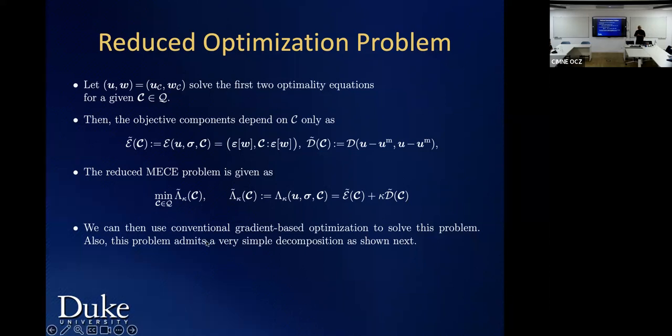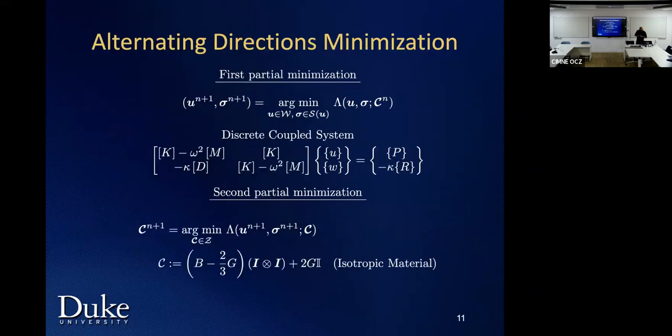Also, I'm going to show you that if you have an isotropic, homogeneous material, this problem admits a very simple decomposition if you think in terms of alternating directions. So you start with a guess of the modulus, and then want to solve for the displacements and the stress tensor, which leads to a coupled system of equations.